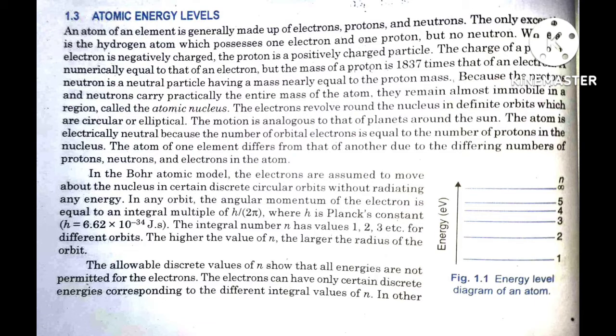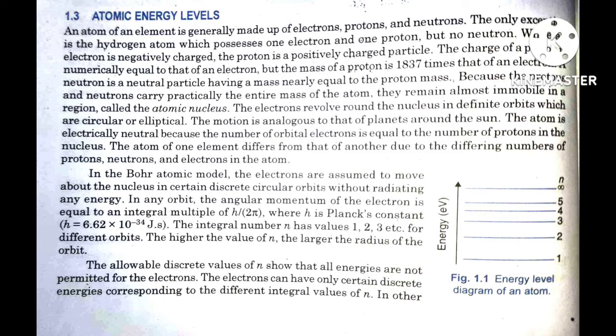In any orbit, the angular momentum of the electron is equal to an integral multiple of h by 2 pi, where h is Planck's constant, which equals 6.62 times 10 to the power minus 34 joule second. The integer n has values 1, 2, 3, etc. For different orbits, the higher the value of n, the larger the radius of the orbit.